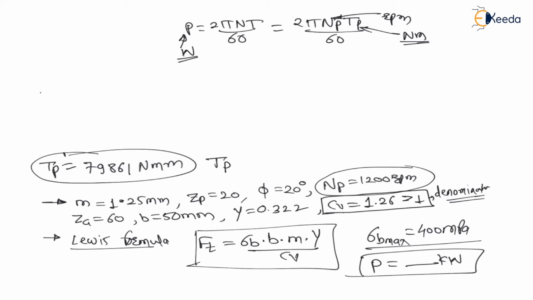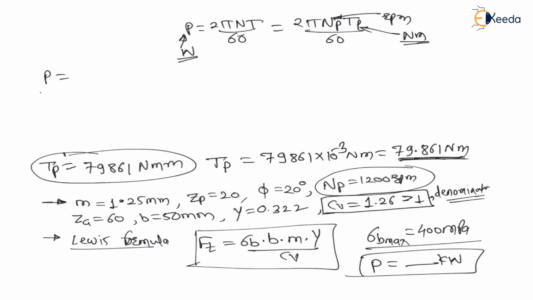Therefore, torque on pinion is equal to 79861 into 10 to the power minus 3 Newton meter, which is nothing but 79.861 Newton meter. This is the torque transmitted by pinion. Therefore, use this Newton meter value.